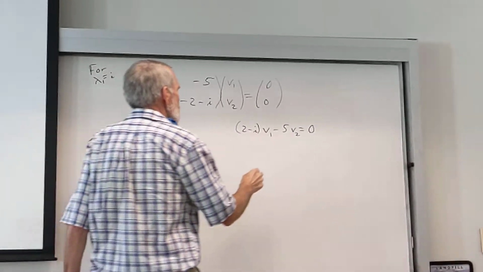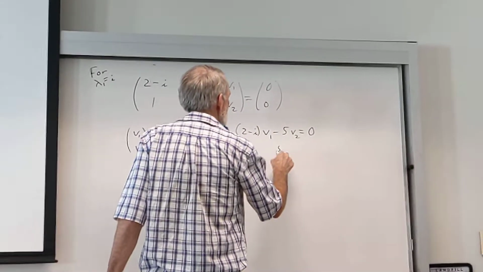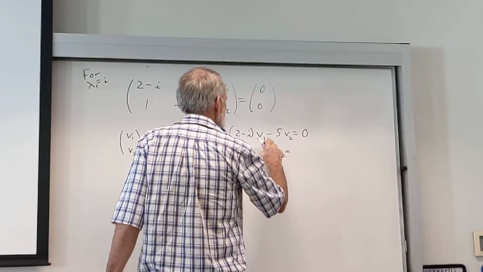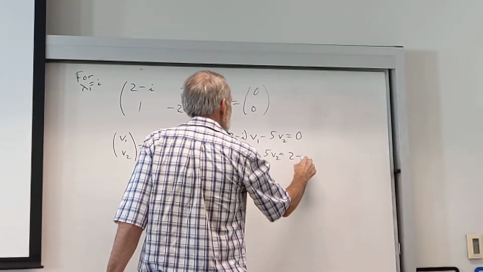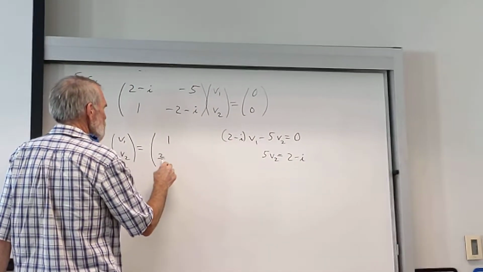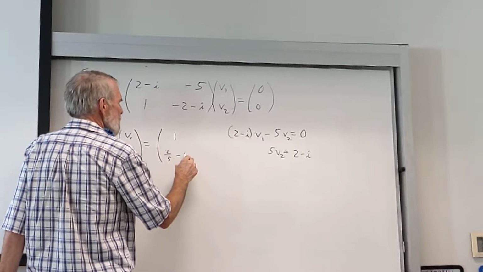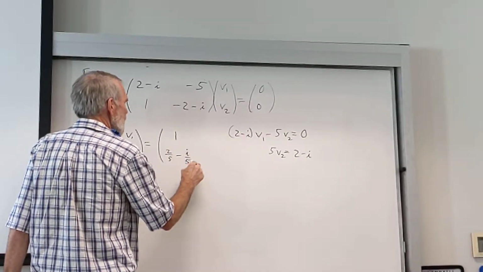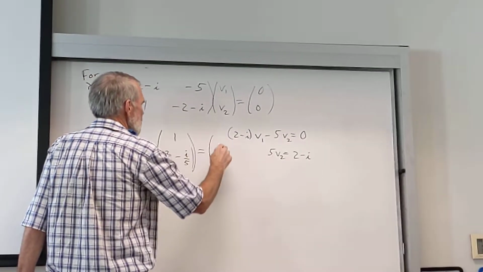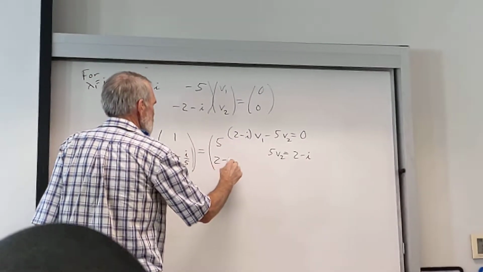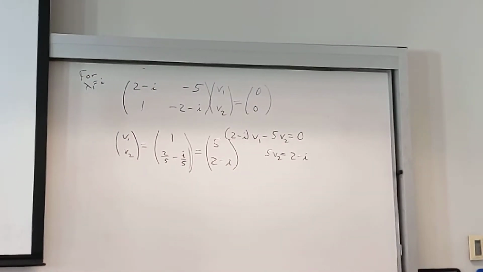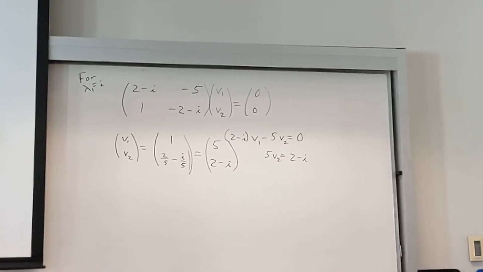All right, so we're going to have 5 V2 equal to 2 minus i. So then we would get 2/5 minus i over 5. And so I would probably write this as the vector 5 over 2 minus i. Can you do a little more explaining of how we got all that?